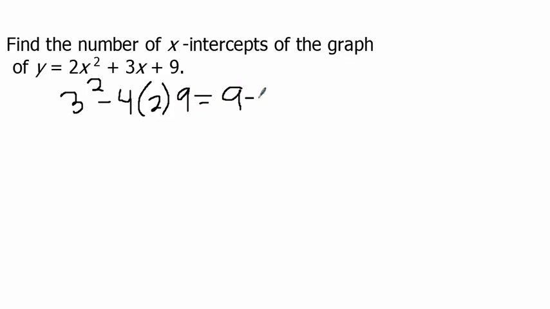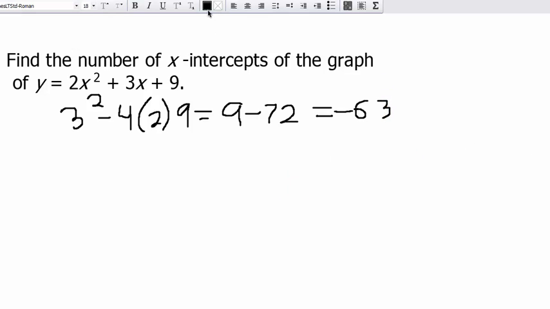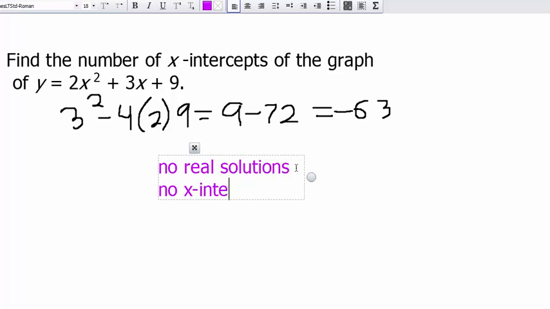That gives us 9 minus 72, which is negative 63. So how many solutions does it have? So when it has no real solutions, that's also no x-intercepts. It's just asking the exact same question in a slightly different way.